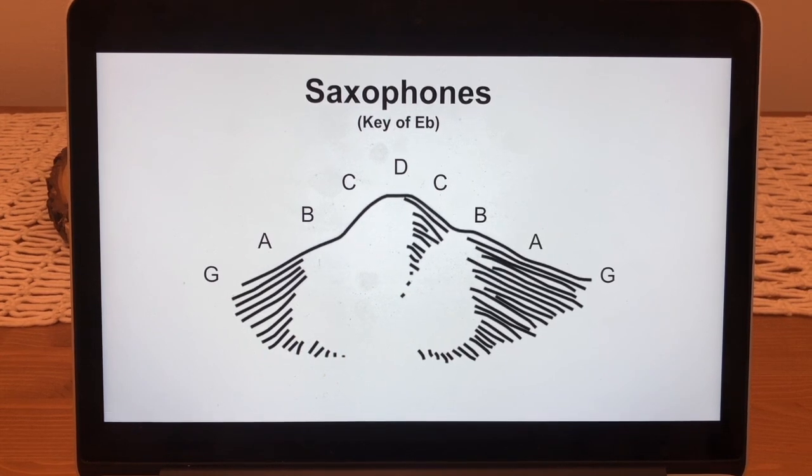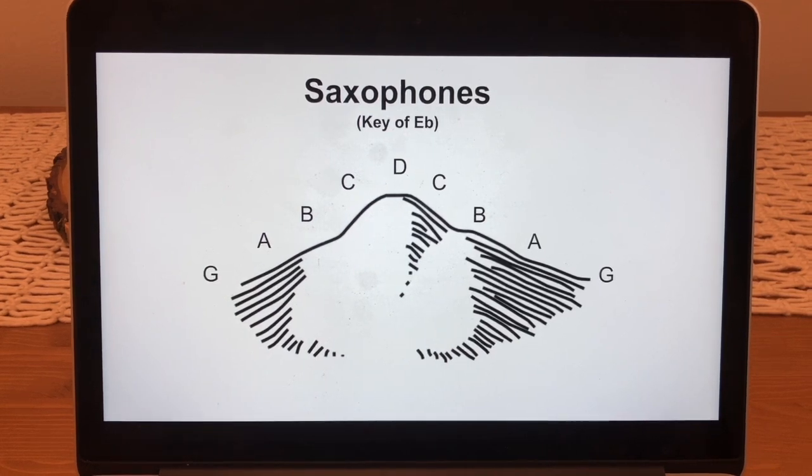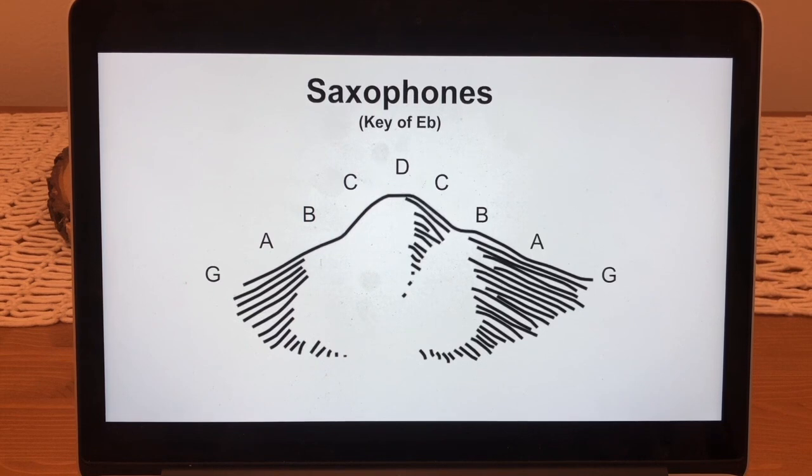So basically what this is saying is that even though these instruments are in different keys, we can create the same shape. And even though we start on different notes, they actually sound the same when we all play it together.